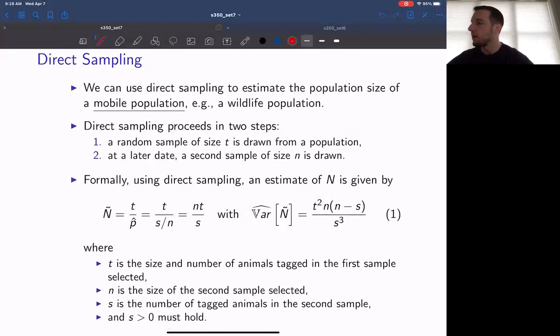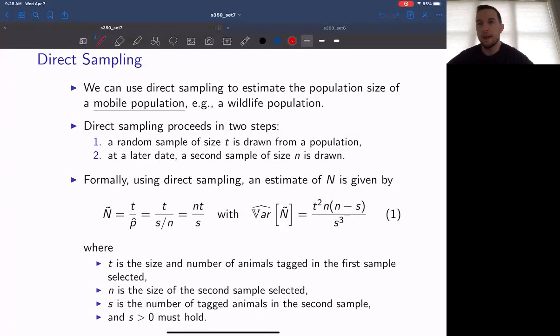Direct sampling proceeds in two steps. A random sample of size T is drawn from the population of interest. And then at a later date, a second sample of size little n is drawn from the population of interest. Using this information, we can estimate capital N in the following way.